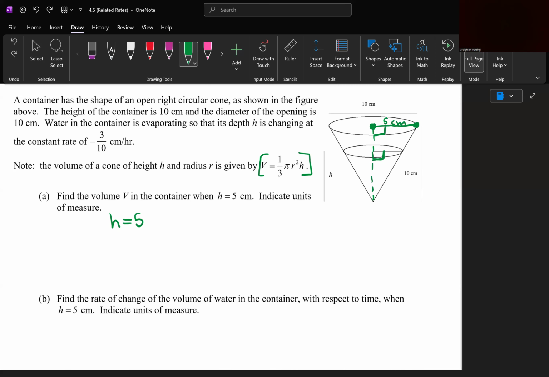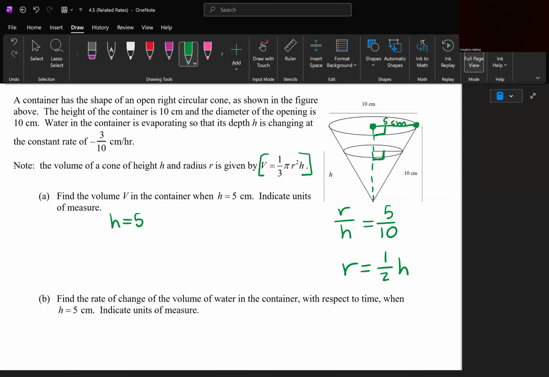So using similar triangles, we know that R over H is going to equal 5 over 10. Convince yourself that this proportion is true if you are not already convinced. I'm going to save us the steps for the sake of time, but you should write out the steps if you need to. I'm going to go straight to what R equals here. R is going to equal 1/2 H. So we know that R is equal to 1/2 H.